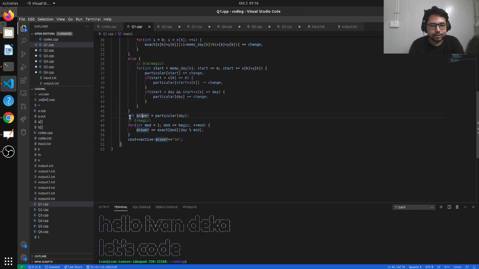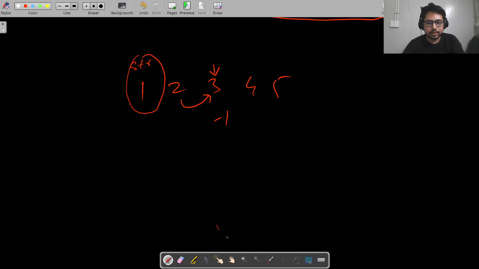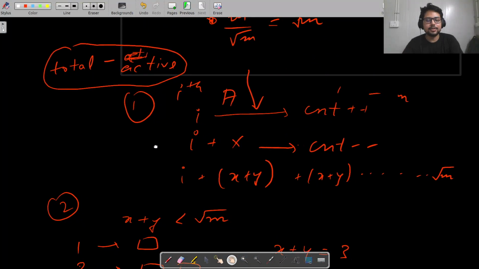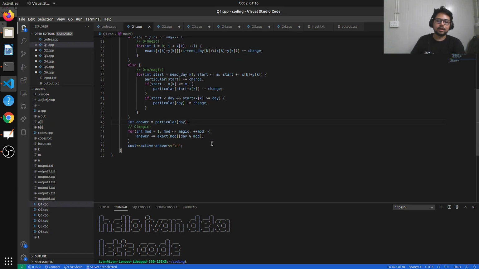And then eventually the answer. Here the answer represents the number of active elements on the particular day, as I've already mentioned. We get the count of all the elements from case 1, in which the x plus y value of the train is more than root m. But we also need the count of elements in active state, which arises from case 2.